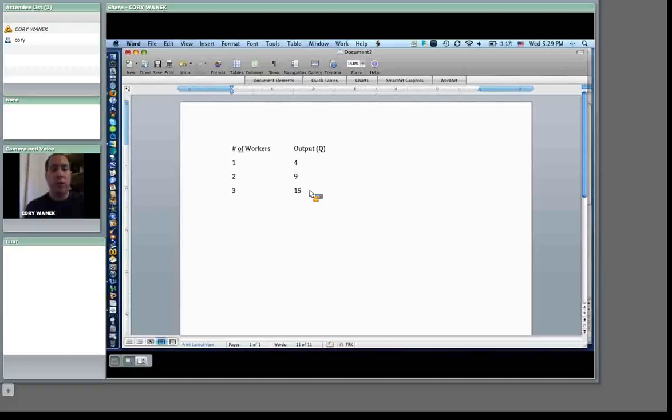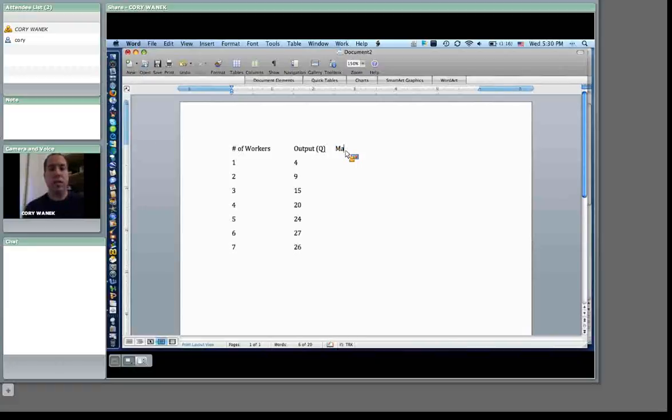Well, let's say we add a fourth and we find out that the output per hour is 20, and we add a fifth worker, and let's say it goes to 24. We add a sixth worker, goes up to 27, and let's end with a seventh worker, and let's say it's 26.